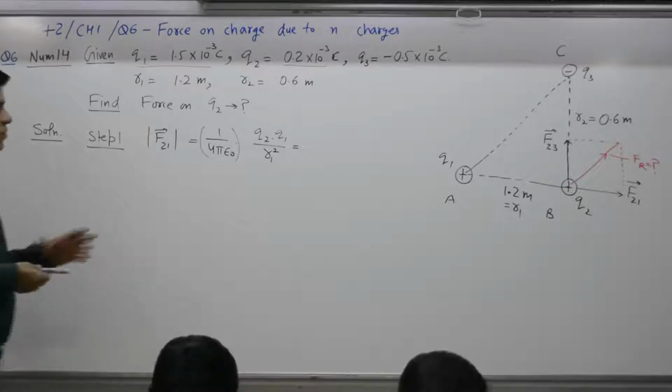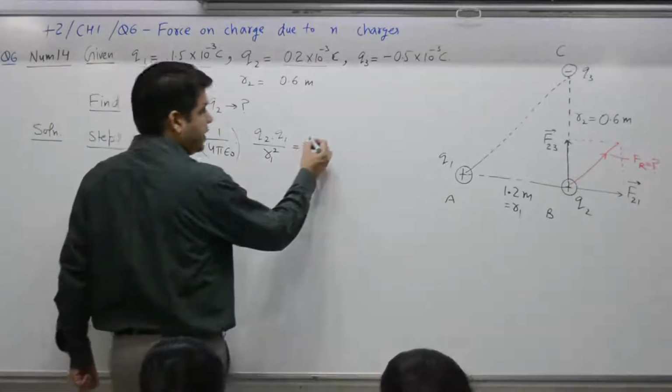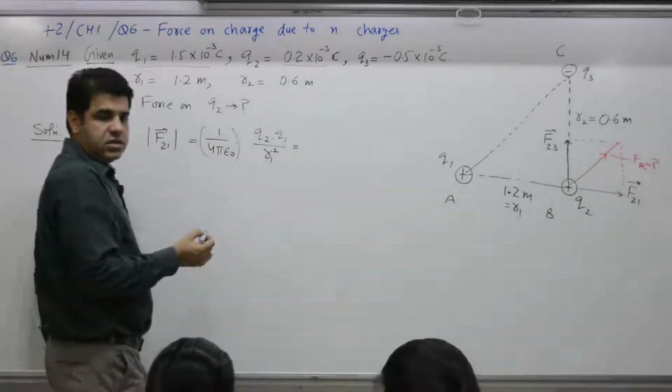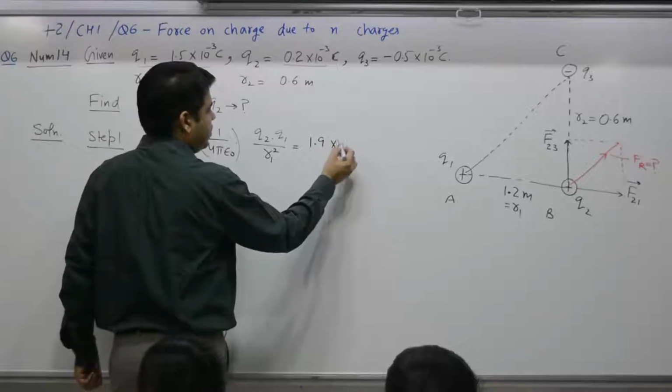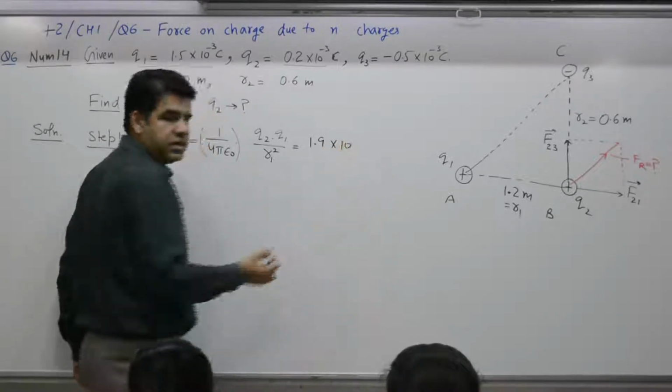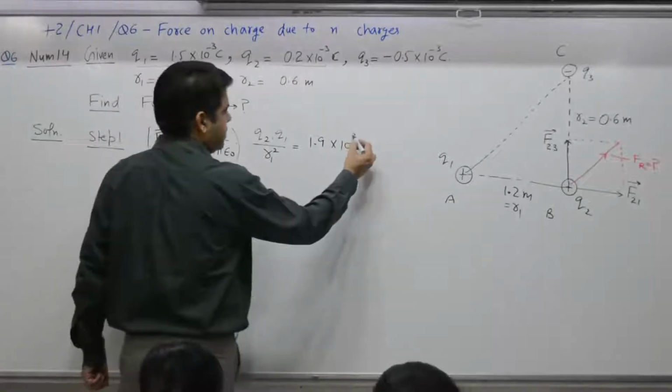Answer, please. It is 1.9, 1.87, so 1.9 into 10 raised to power 3 Newton.